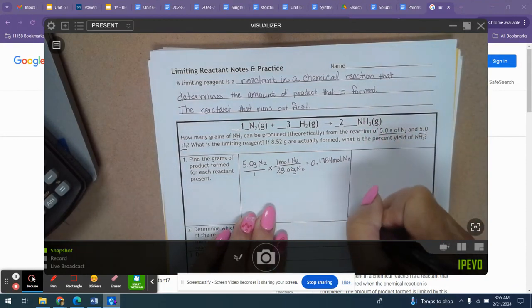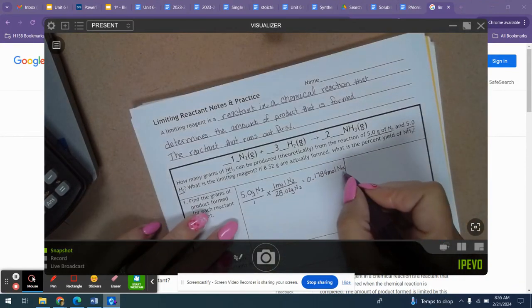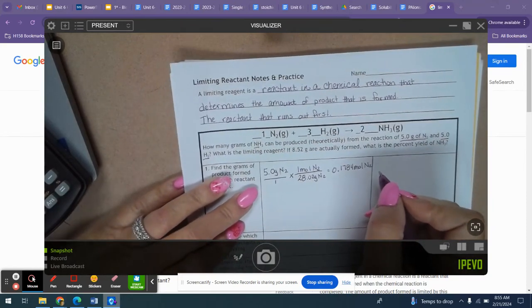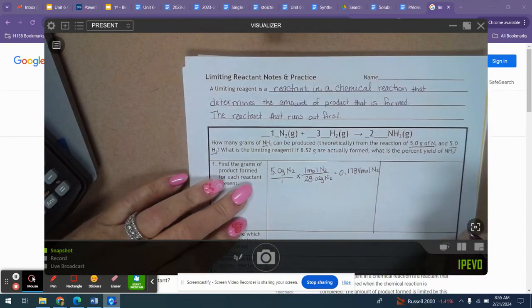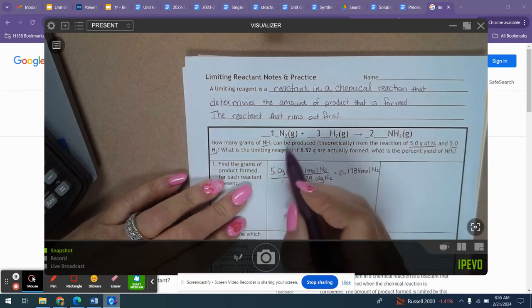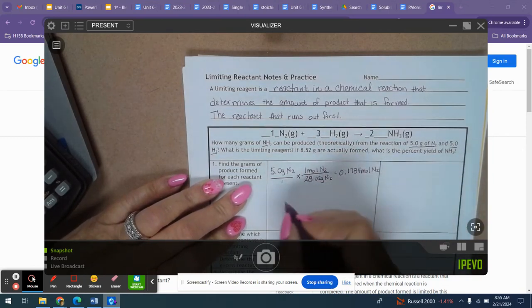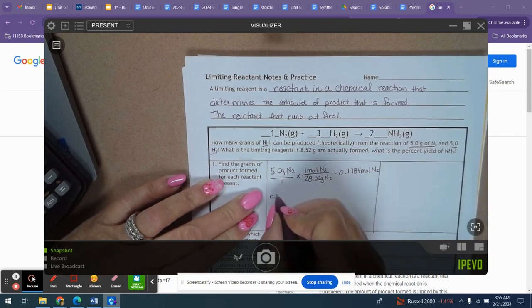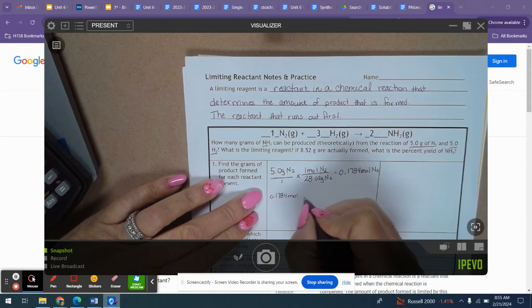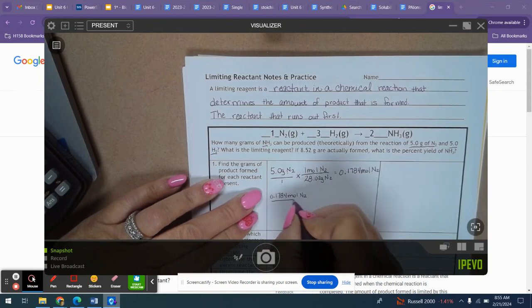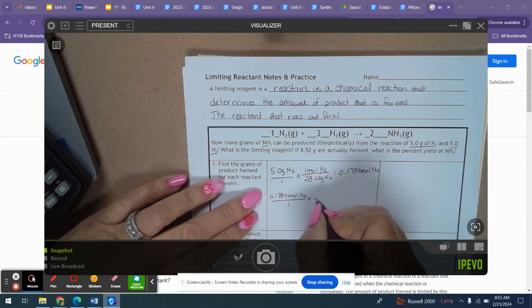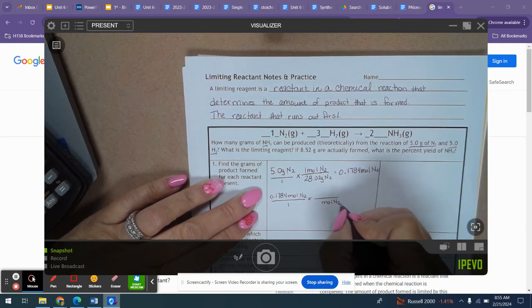Now I'm going to use the moles of N2 to determine the moles of NH3 I can make using the mole ratio from the balanced chemical equation. So 0.1784 moles of N2. Moles of N2 goes on the bottom, and moles of NH3 goes on the top.